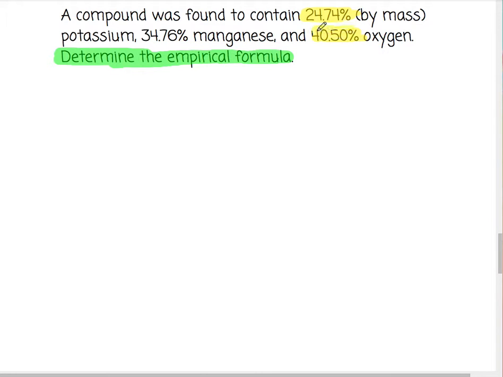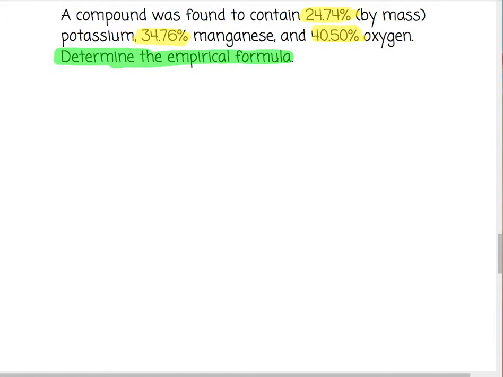So again, we're going to reach back into our memory banks, and we're going to pull out those three simple steps. Step 1, change percent to grams. Step 2, find the molar ratio by dividing by the atomic mass, which is also the molar mass. And step 3, divide through by the lowest product of step 2. So let's do this.